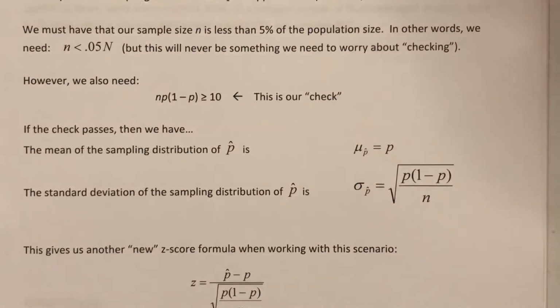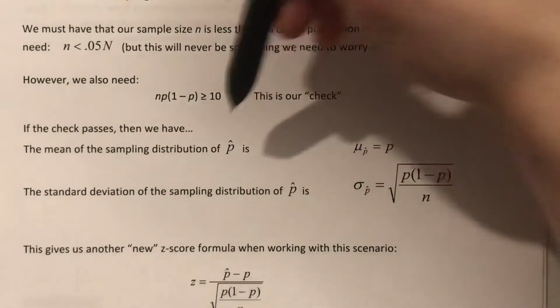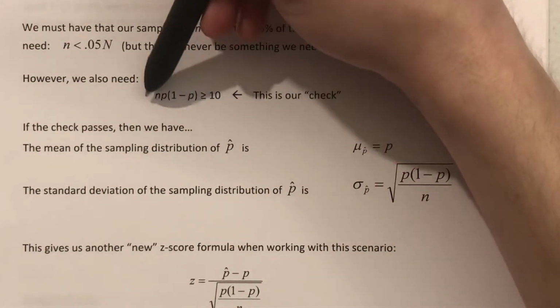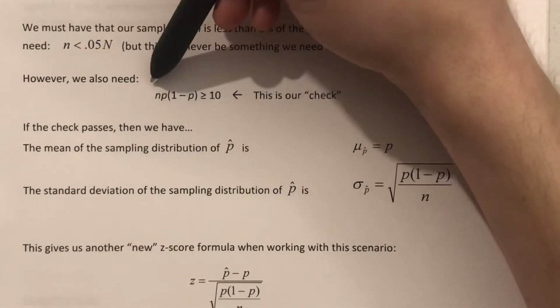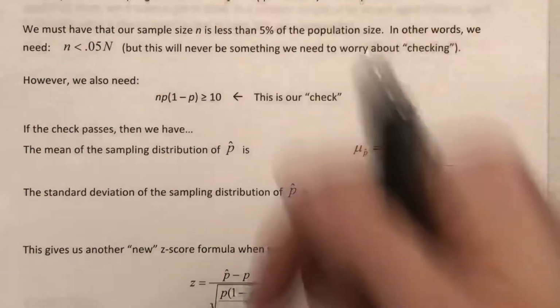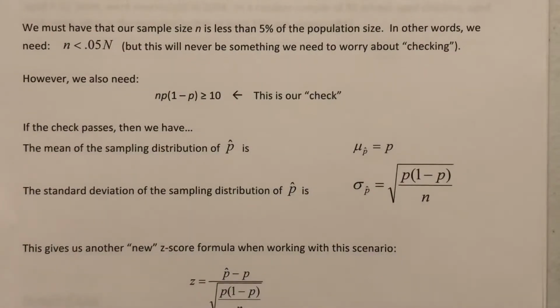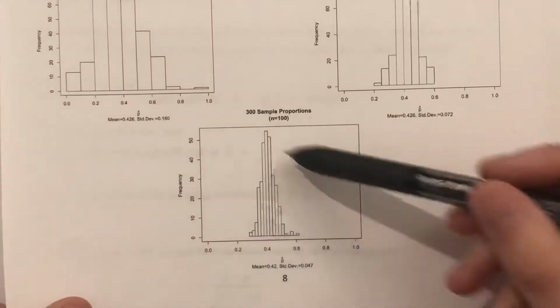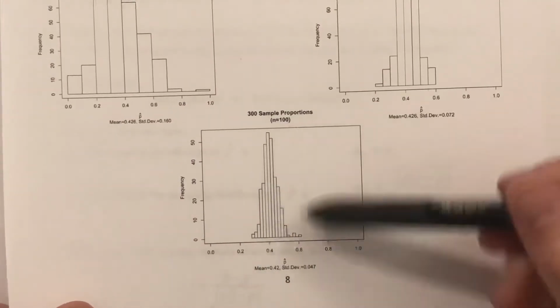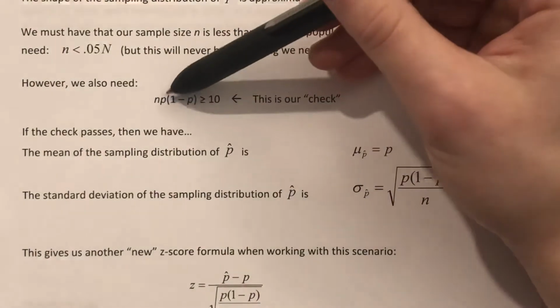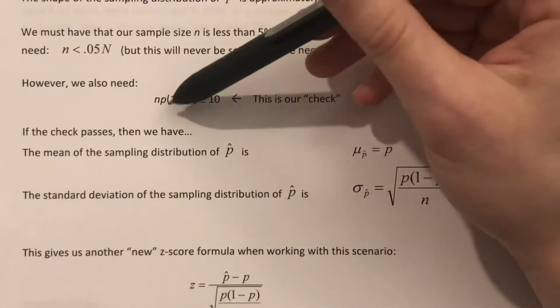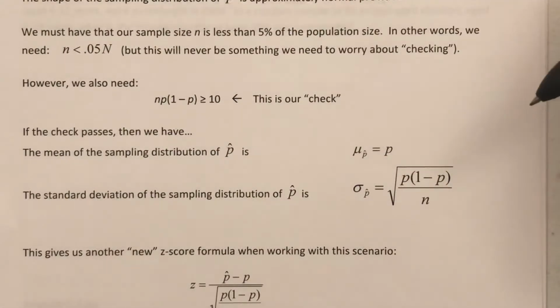Again, just kind of this magic number that was determined statistically to allow any distribution of proportions that fits this criteria. We're going to say it gets that bell-shaped curve that we saw on the previous page. We can actually model the proportions distribution with the normal bell-shaped curve, as long as that sample size is big enough in comparison to the values of p that we're actually working with.